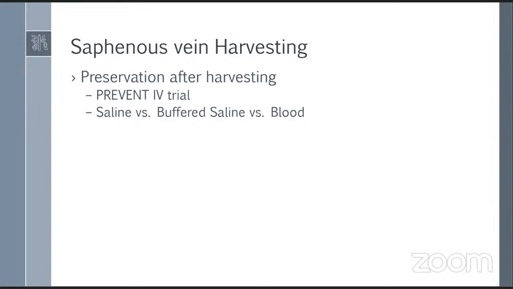So regarding the saphenous vein harvesting. Can I just comment? We have Dr. Abdulaziz with us. Yes. First of all, the endoscopic technique is an evolving technique, and at the beginning, I agree with you.